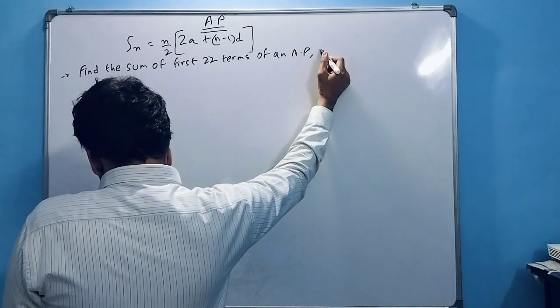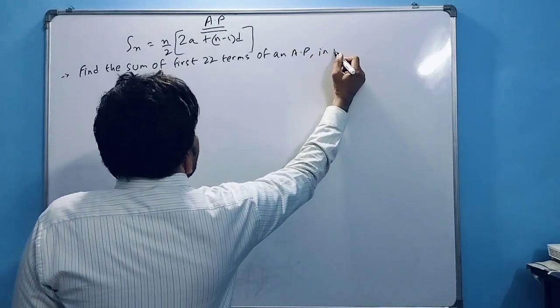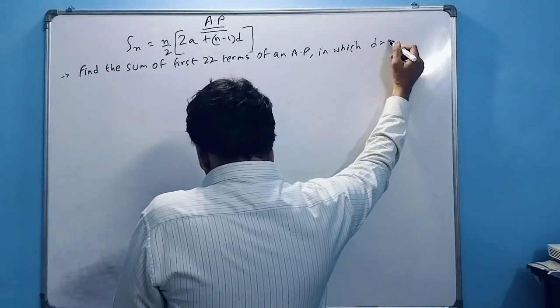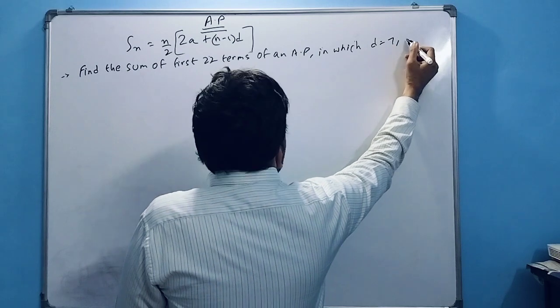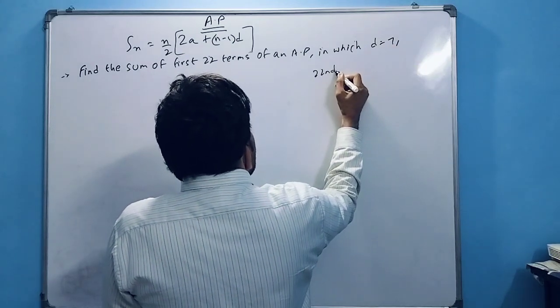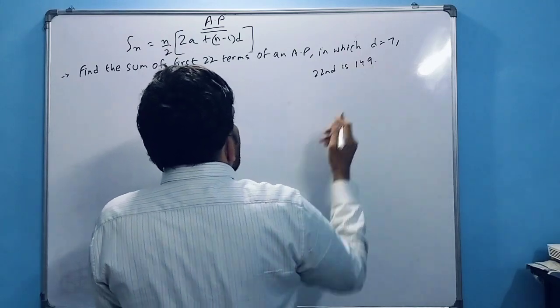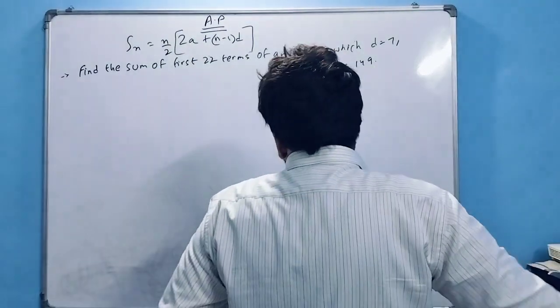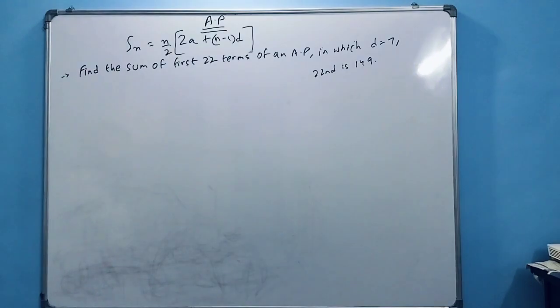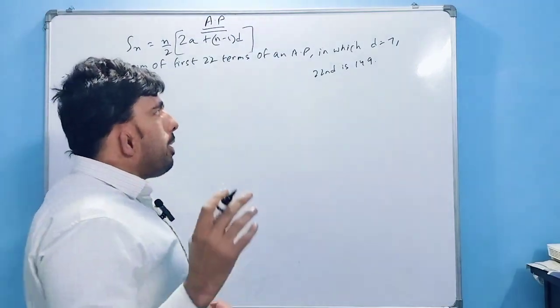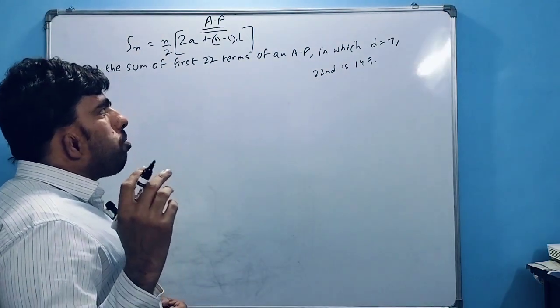in which d is equal to 7 and the 22nd term is 149. Okay, now they are asking about the sum of first 22 terms of an AP in which d is 7 and the 22nd term is 149.